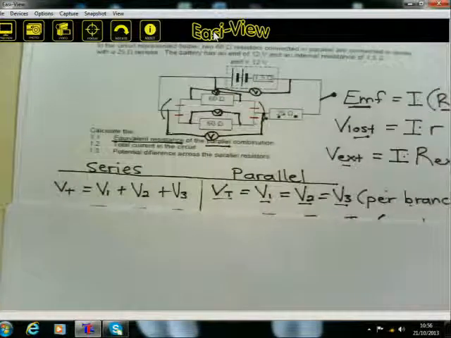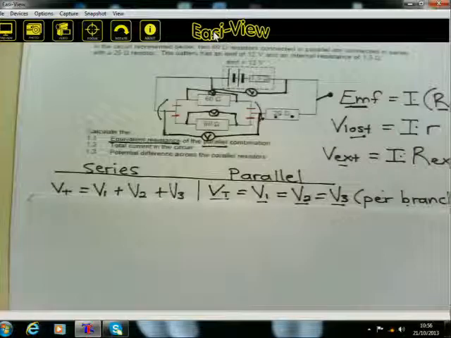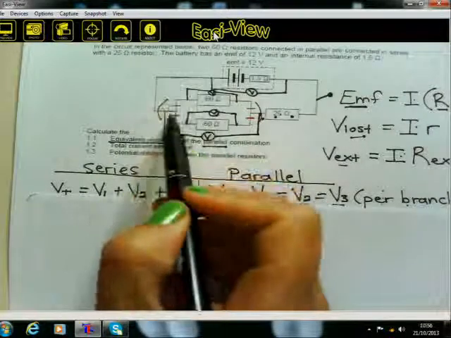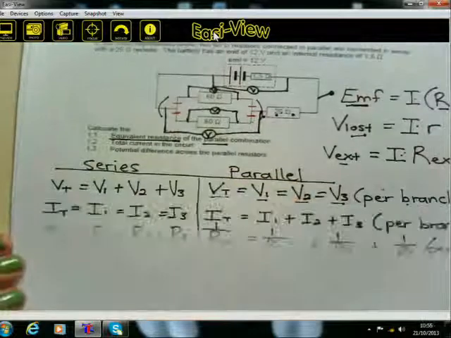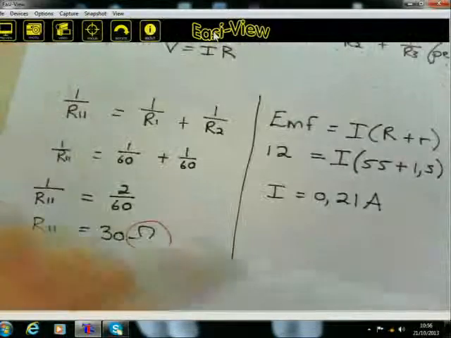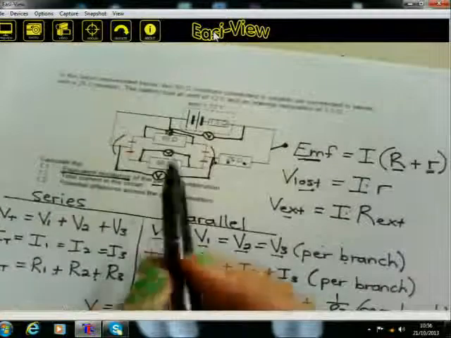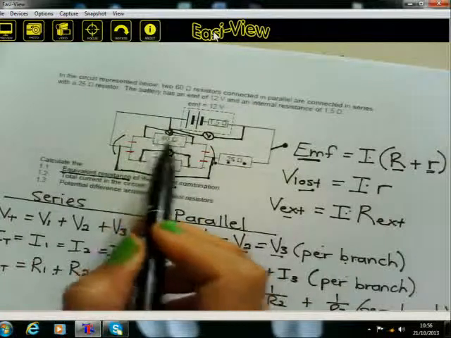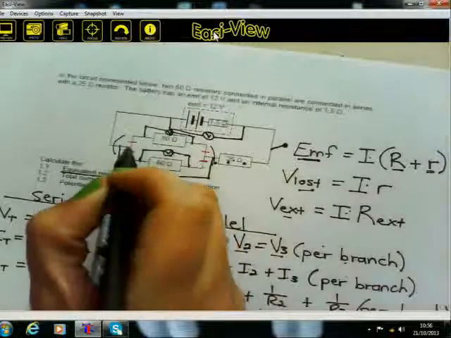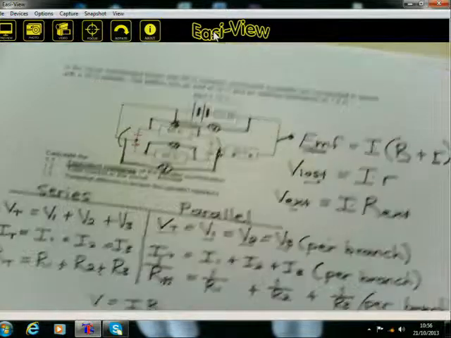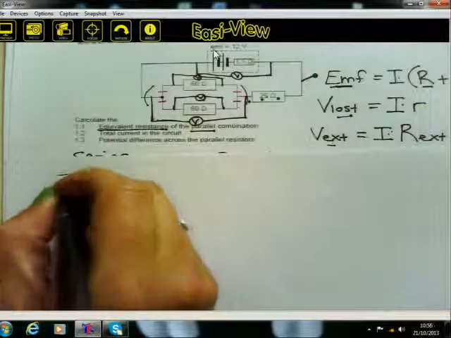So it doesn't really matter which part you go and calculate, as long as you do it correctly. So what I would have done is, we have the total current running through this circuit. We just calculated it. It's 0.21 amps. So because the resistors have equal resistance, that means when the current comes to this point, it will split exactly in half. So does that mean we can divide the total current by 2?